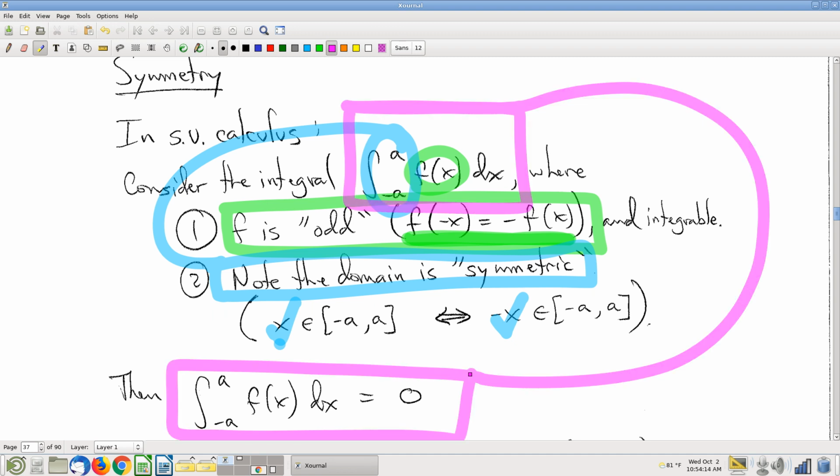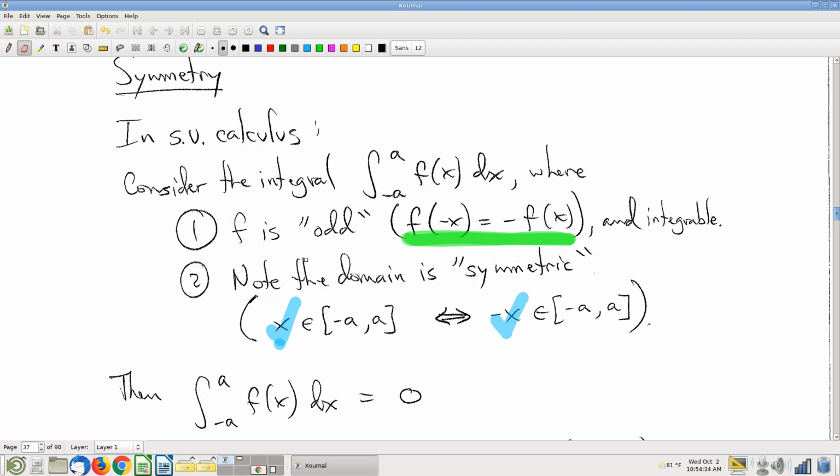And this is an awesome theorem, right? I mean, we just evaluated an integral and I didn't have to do any antiderivatives, no substitutions, no integration by parts, no partial fractions or whatever. I mean, just boop, 0. Right? 2 quick observations and we spike the football. It's a great theorem.